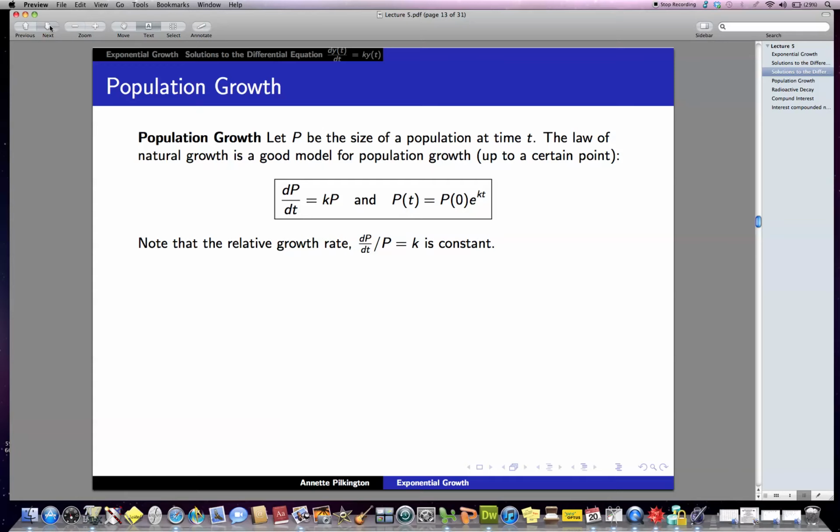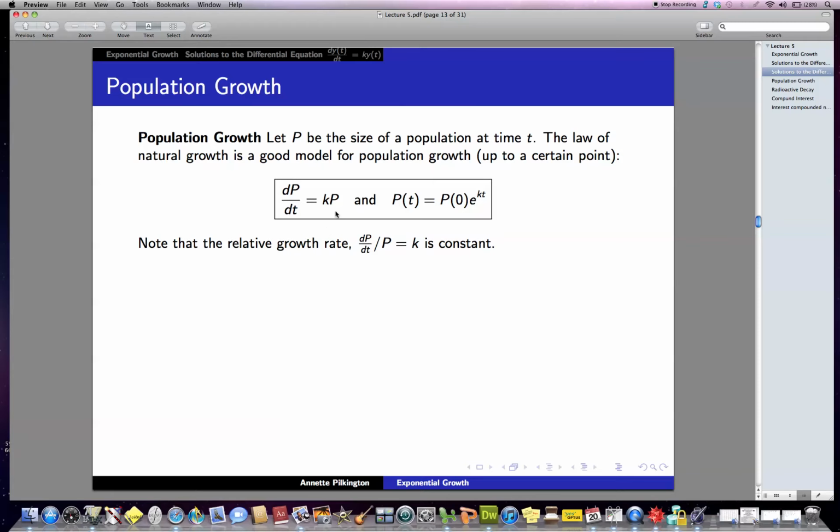But for populations without many restrictions, they will grow exponentially. The population changes at a rate proportional to its size, so we get dp/dt equals k times p.